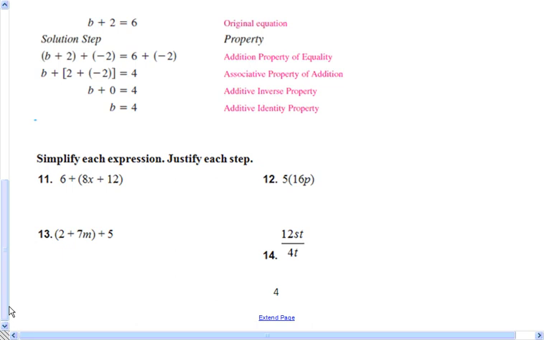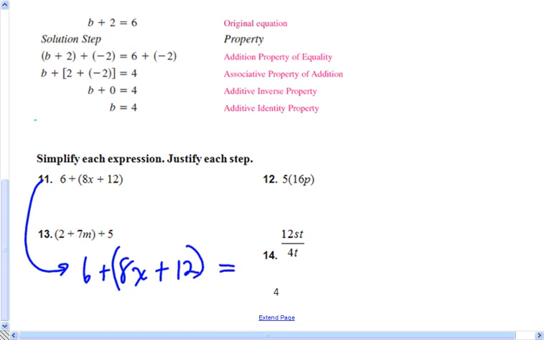So let's do number 11. 6 plus 8x plus 12. All right, that is equal to... Now, what I'd like to do is have the 6 and 12 together so I can combine those. And I can do that if we first rearrange what's inside the parentheses.